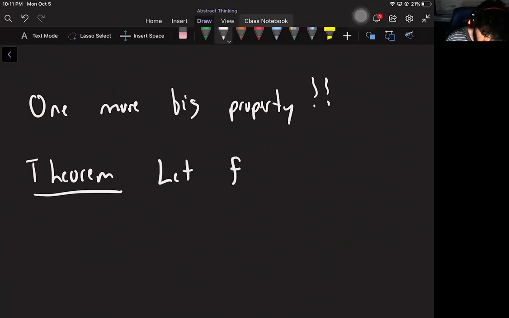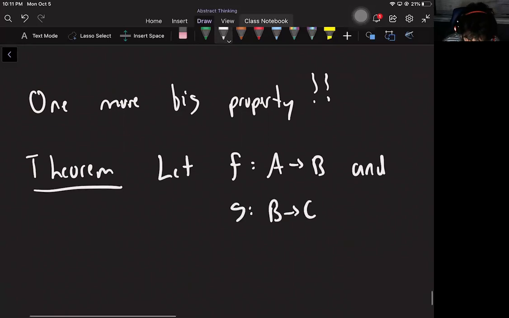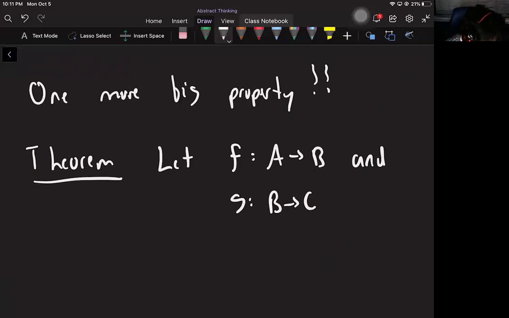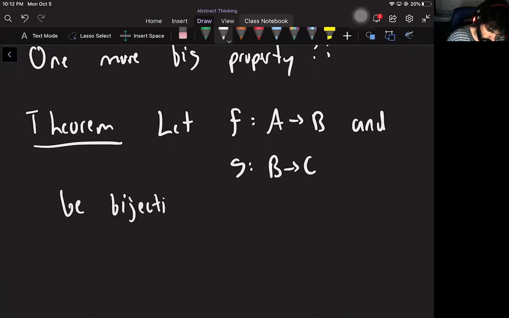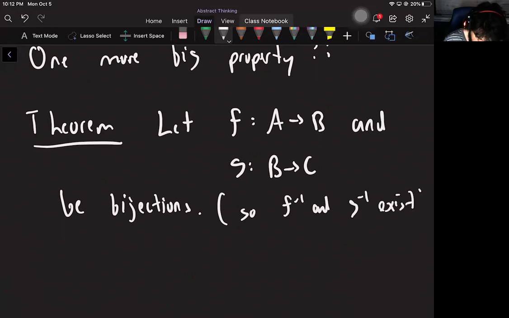How do inverses combine with composition? So now we're going to have two functions that are composable because they have domain and codomain matching for one and the other. So they got to be bijections. That way we can talk about inverses for both of them. That'll come in handy in a second.